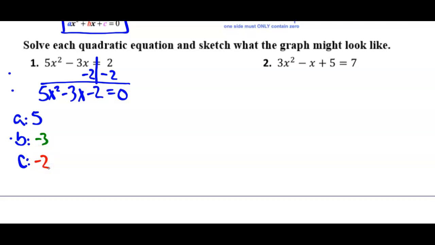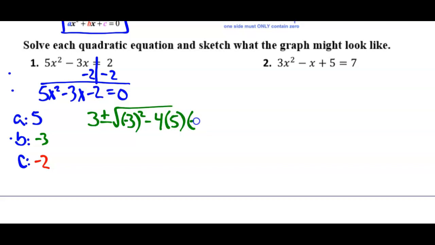Okay? So, I would like you to pause the video. I would like you to take your quadratic formula and plug things in. So the opposite of b would be 3 plus or minus the square root of -3 squared. Remember, that's always going to be positive.